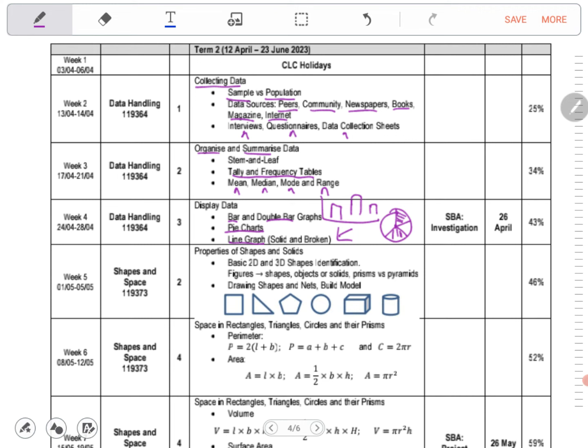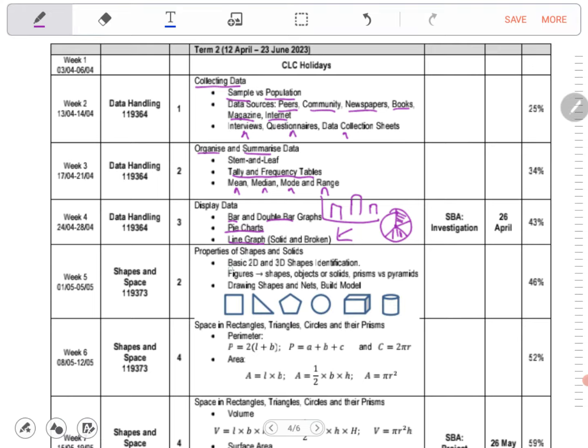in terms of shapes and space. That's one of the topics that we can do, dealing with properties of shapes and solids. So solids are basically your objects, or a solid is a representation of an object, while shapes are actually the flat figures.